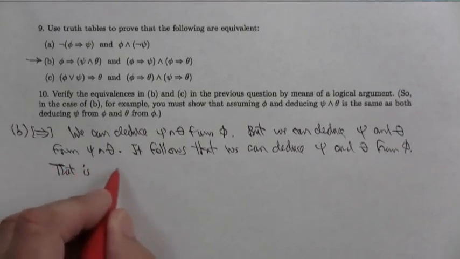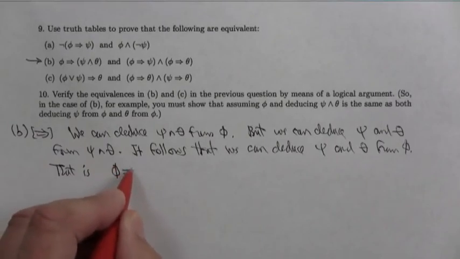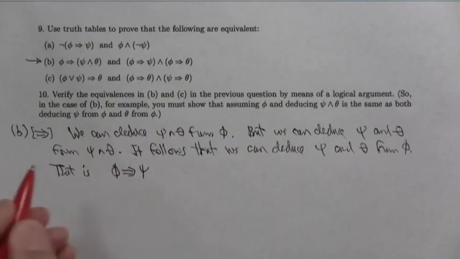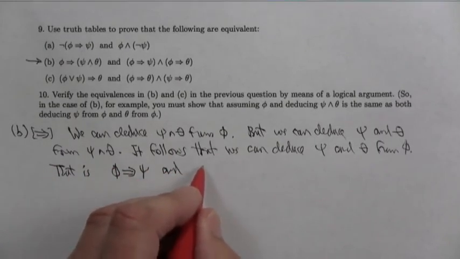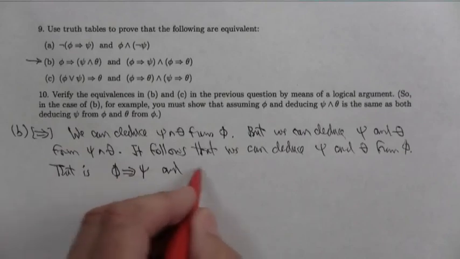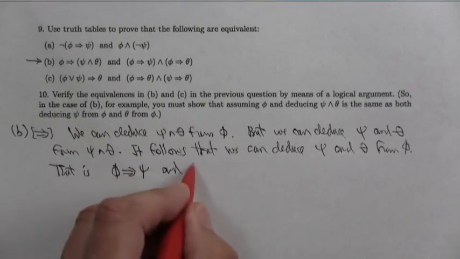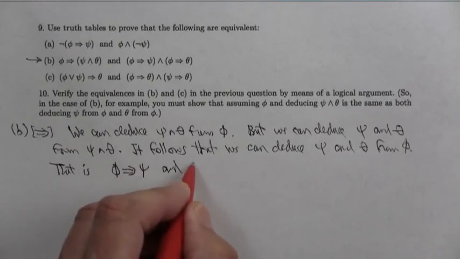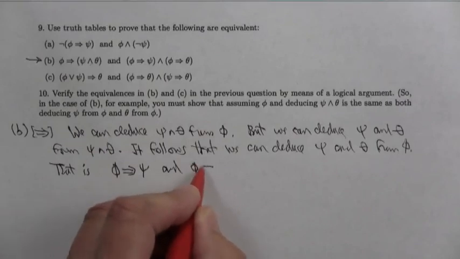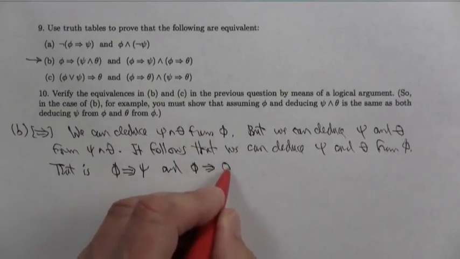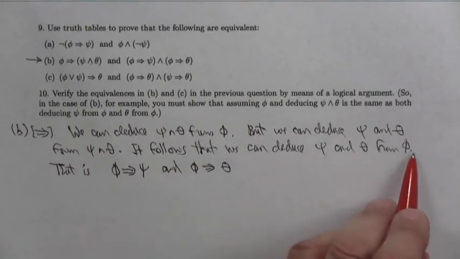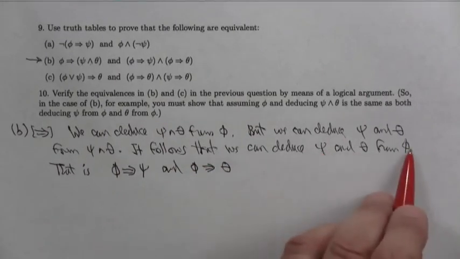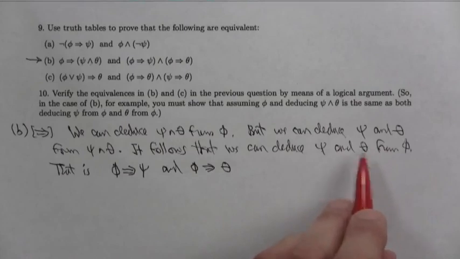That is, we know that we can deduce psi from phi, and we know that we can deduce theta from phi. Okay, we can start with phi and we can deduce psi, we can start with phi and we can deduce theta.